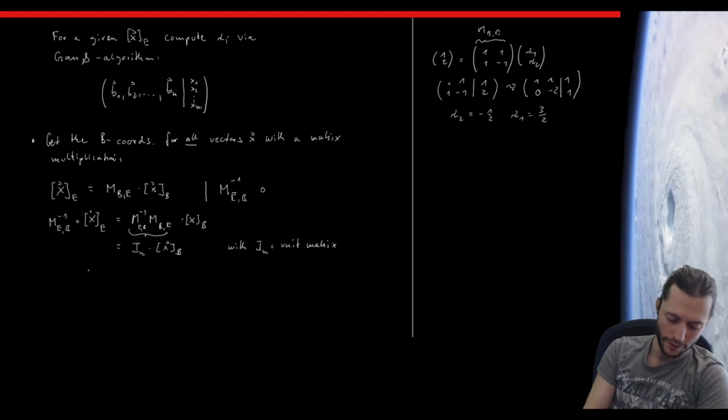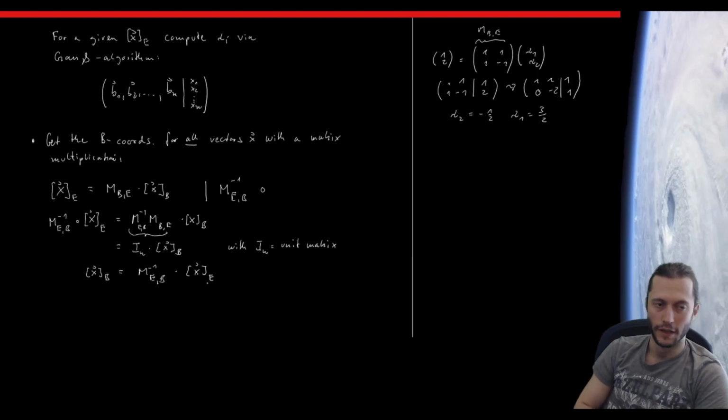So all in all, we have the B coordinates equaling the matrix from E to B, which was the inverse of M, times the E coordinates. That's it. That's what we are asking for.